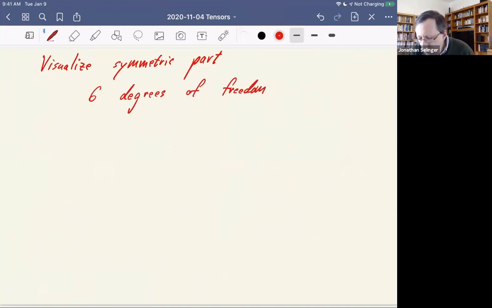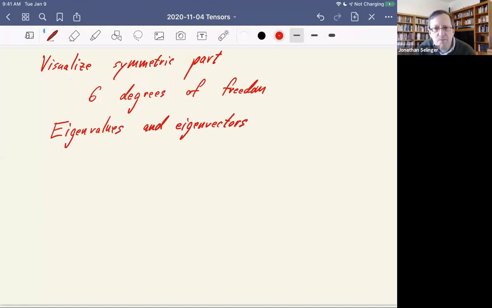The way to visualize that is to calculate the eigenvalues and eigenvectors. Hopefully you are familiar with this concept of eigenvalues and eigenvectors from your preceding linear algebra classes.